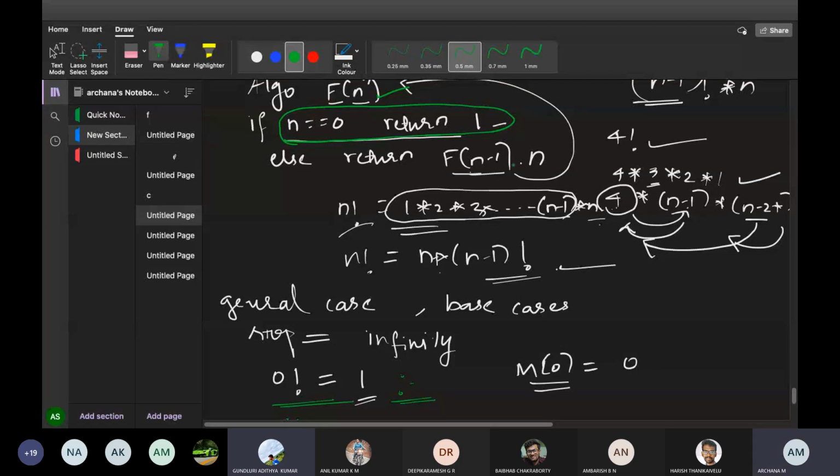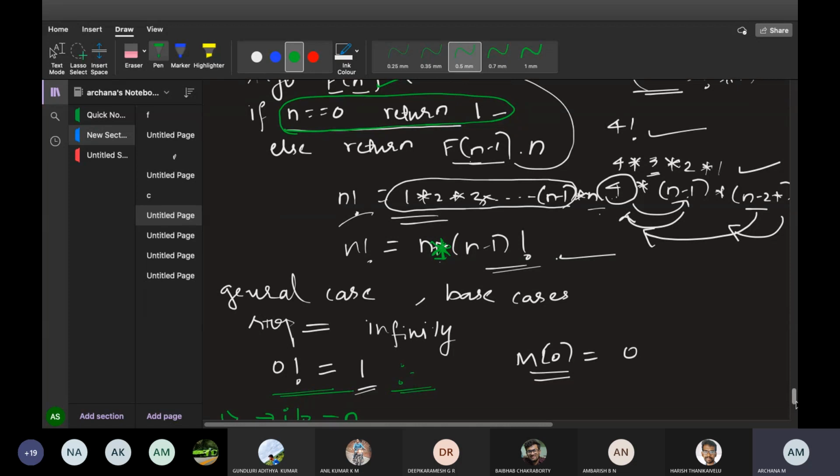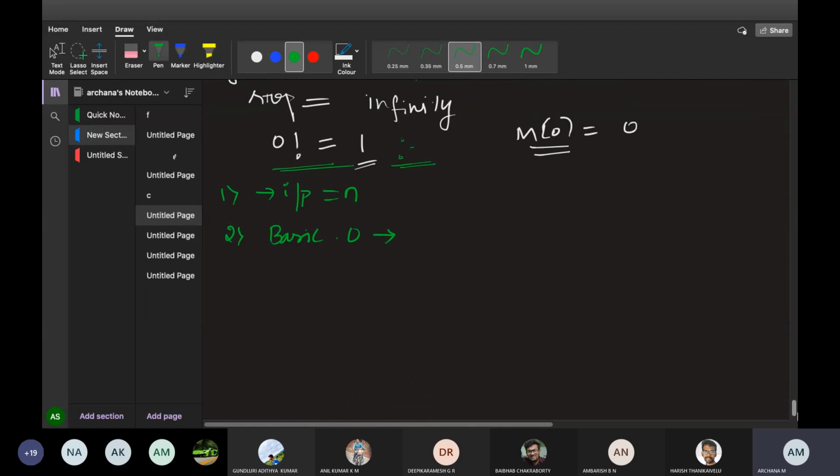Multiplication, ma'am. Yes, multiplication, because it is f of n minus 1 into n, that is n into (n minus 1) factorial. Look here, I am multiplying the values 4 into 3 into 2 into 1. So that is the basic operation. Multiplication is the very important operation. Okay, identify the basic operation.